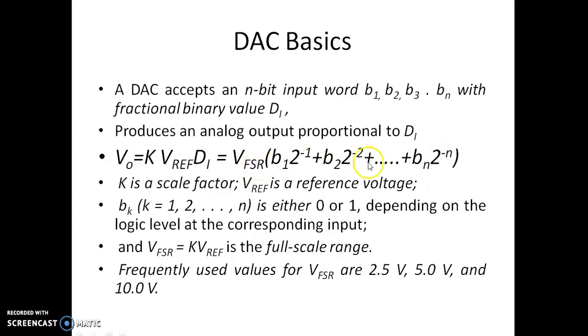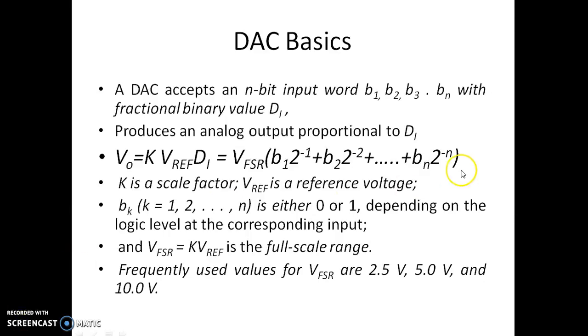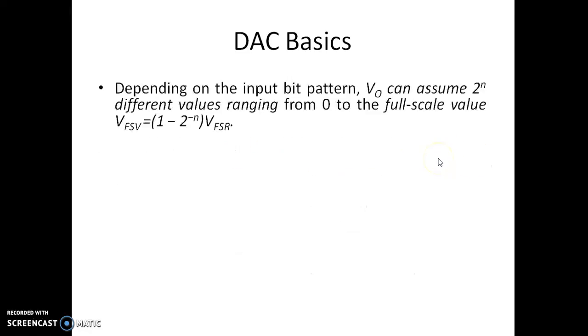So if only the LSB is 1 and all the other bits are 0, we end up with VFSR, the full scale range, multiplied by 2 power minus n. That is, VFSR divided by 2 power n, meaning the contribution by the LSB is VFSR divided by 2 power n.